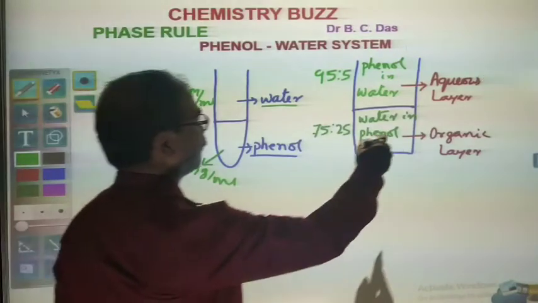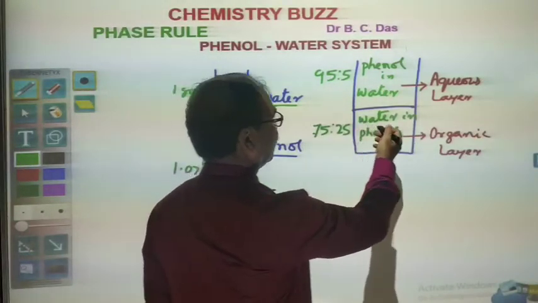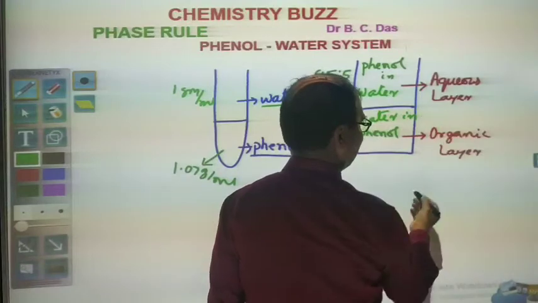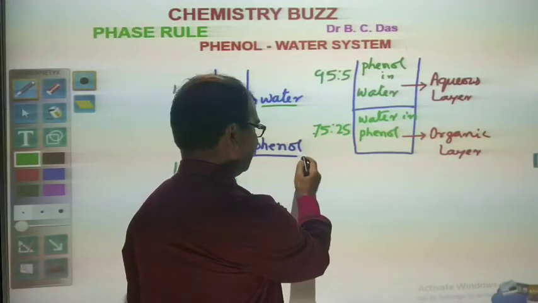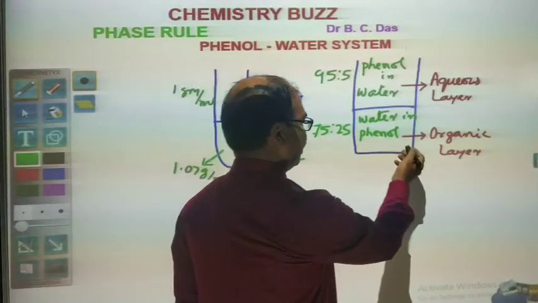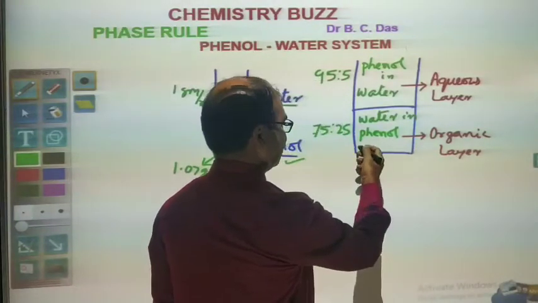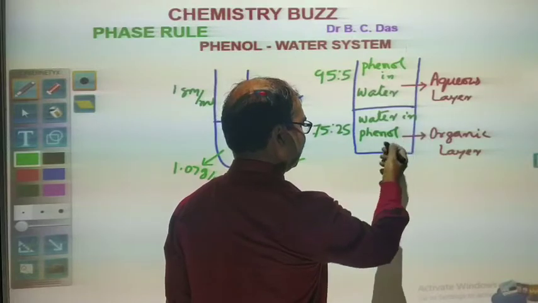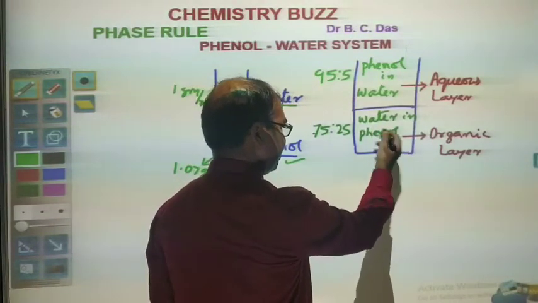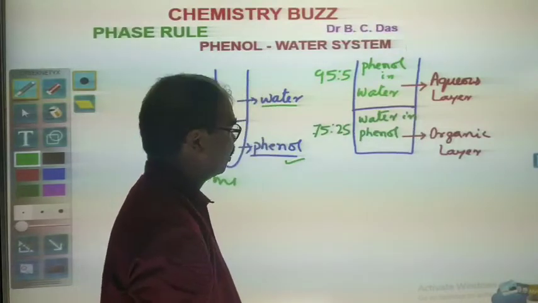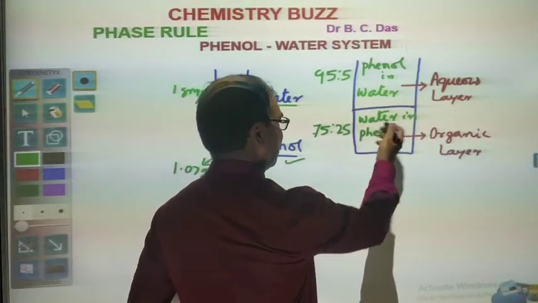But you see, in the two layers, the upper layer is the aqueous layer and the lower layer is the organic layer, that is the phenolic layer. So in the organic layer, the water in phenol, the proportion of phenol is more and the proportion of water is less.